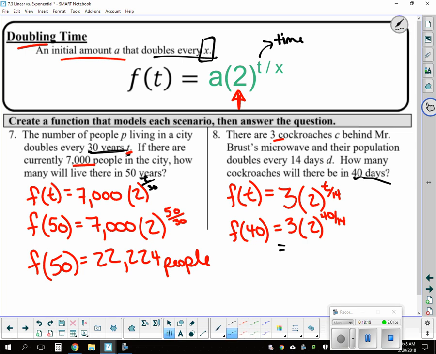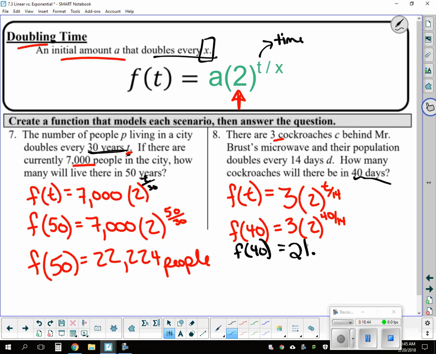And if you're taking 3 and doubling it 2.86 times, you would get your answer that you'll calculate here. So f of 40 equals 3 times 2 to the, and don't use that 2.86, use the exact 40 over 14. I just was explaining what you were finding there.